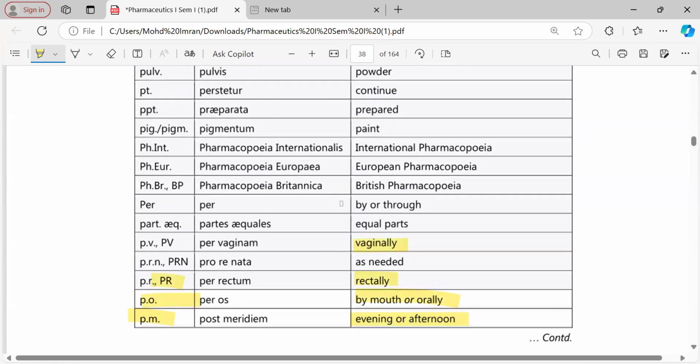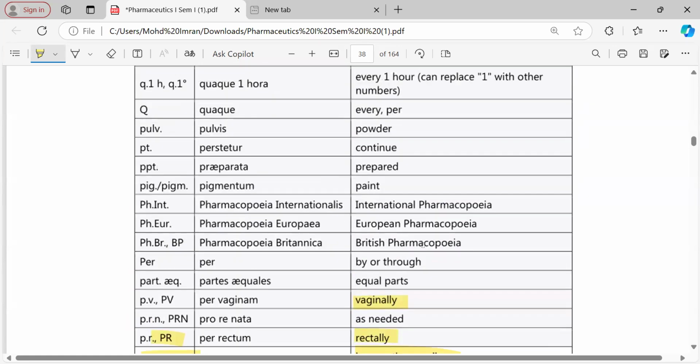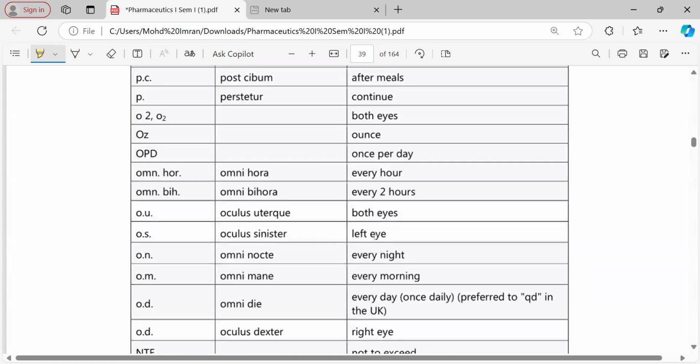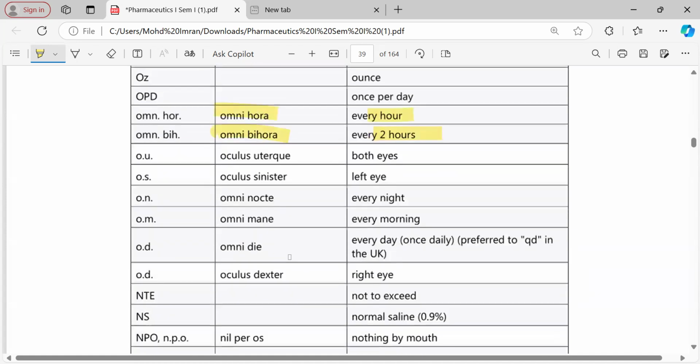ఓకే. Next IP, BP, USP, you know, short terms for pharmacopoeias. No need of these abbreviations. So ఇక్కడ three చూడండి, times. Omni hora, every hour. Omni bihora, twice every day, right?